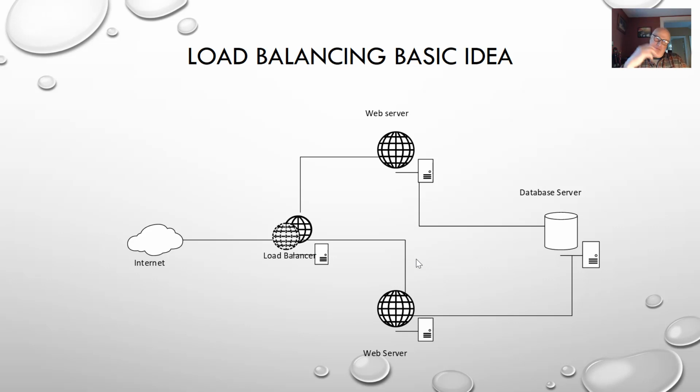And that brings up the whole question of how much information the load balancer has about the servers behind it. And that's what we're going to get at when we look at the different algorithms that we can use to determine which web server should get the next incoming connection.